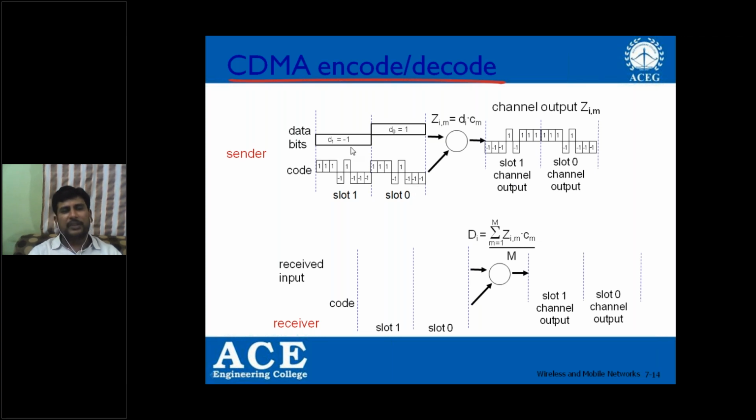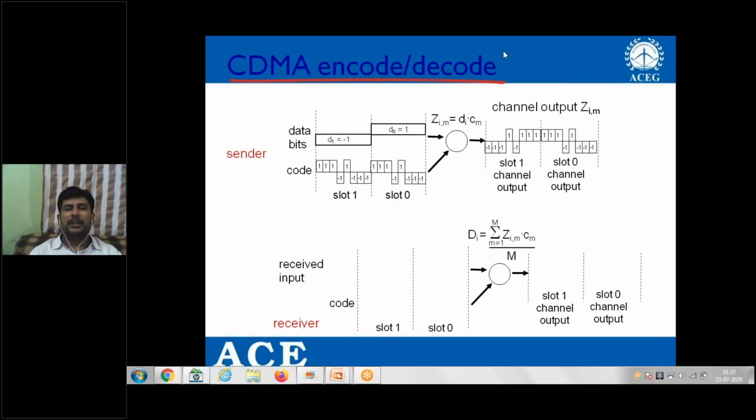In the second case, D1 equal to -1, that will be reflected as -1 -1 -1 -1: -1 into -1 is +1, and then 1 into -1 is -1, again -1 into 1 is -1, and -1 into -1 becomes +1.